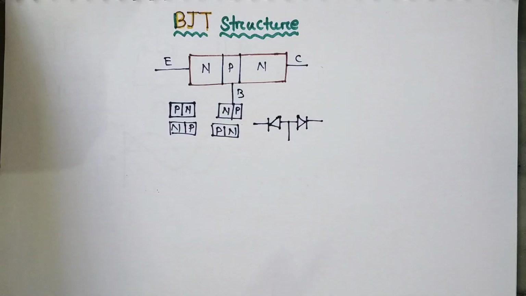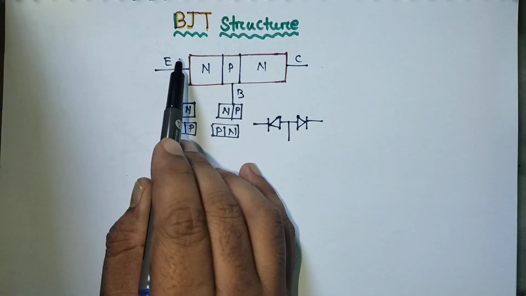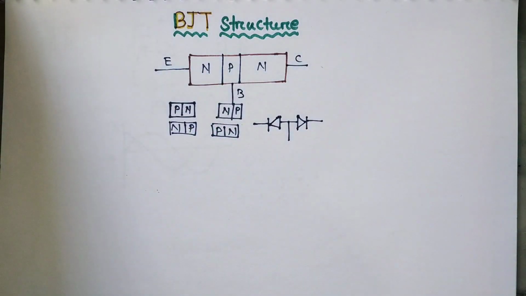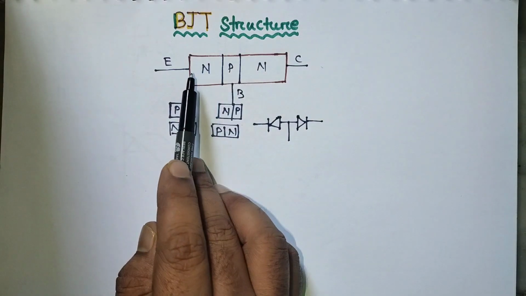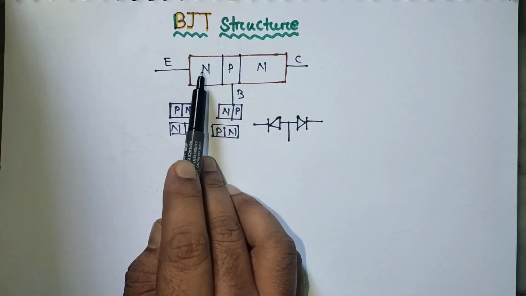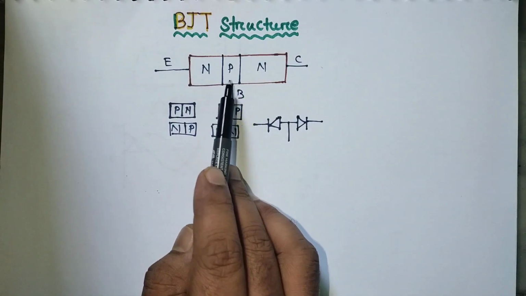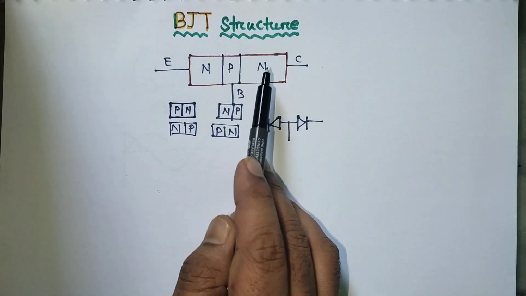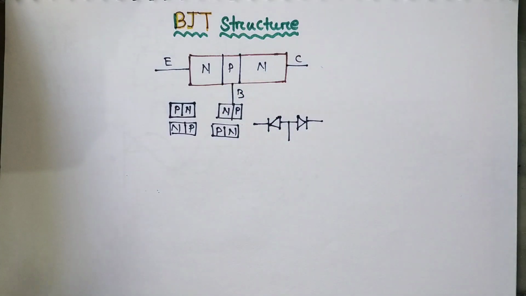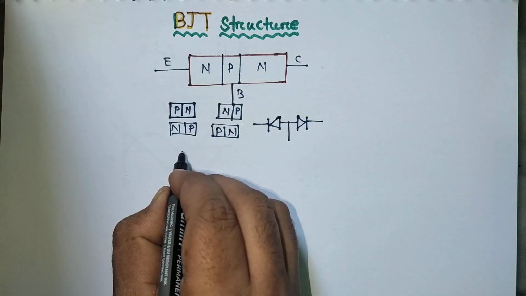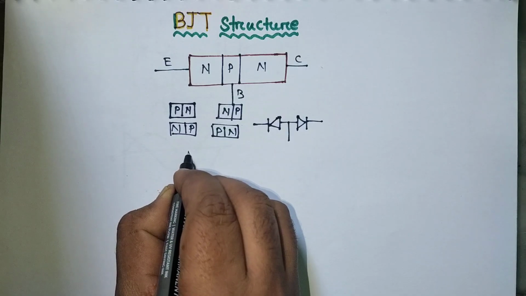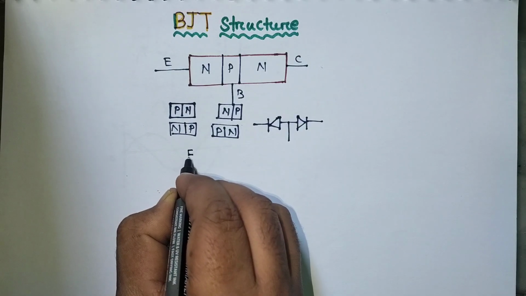How are these names formed? In the figure you can see the emitter is bigger than the base layer, and the collector layer is bigger than all. For controlling current, we need to make it like this.